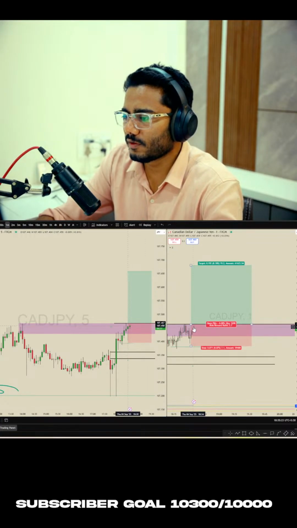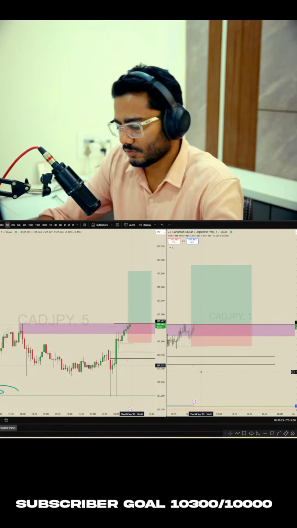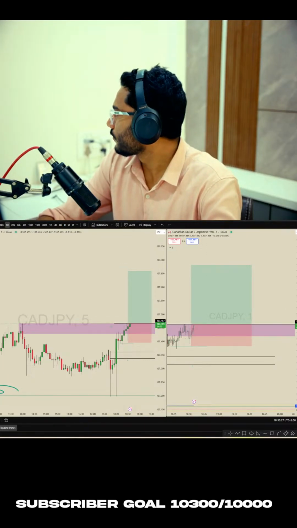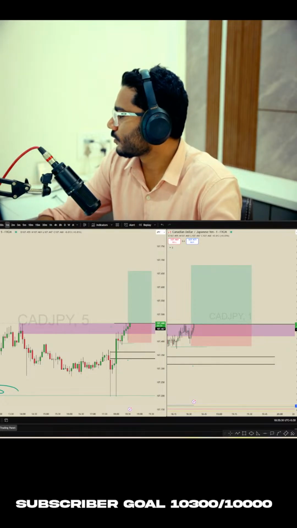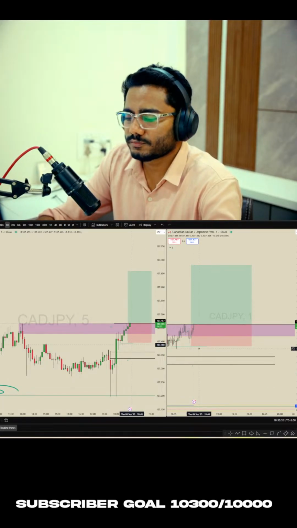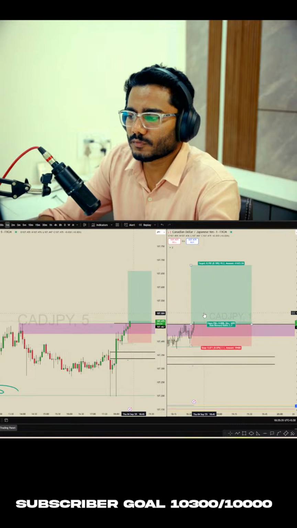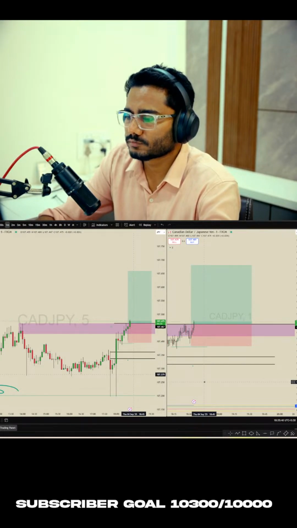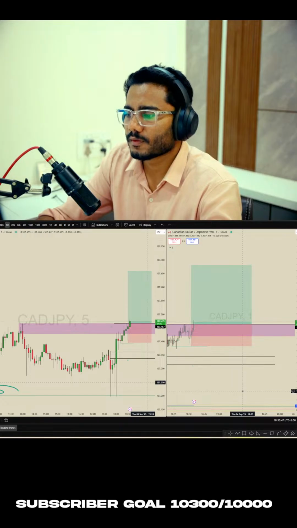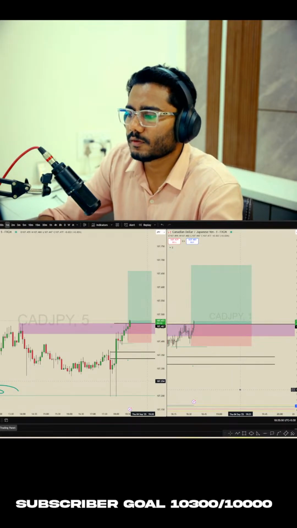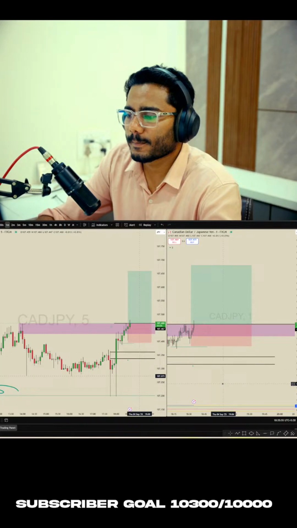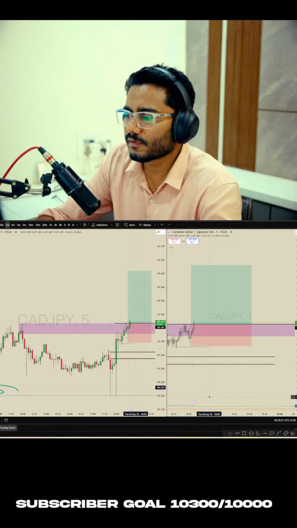Here on 1 minute, we can see the momentum is coming in. Enter with less risk. So I have entered over here. Enter with 0.5% risk, okay?